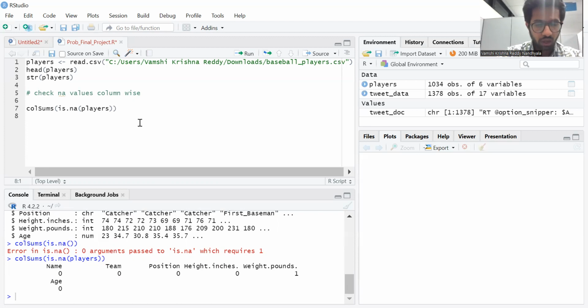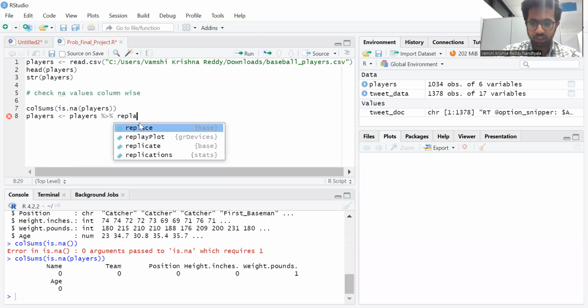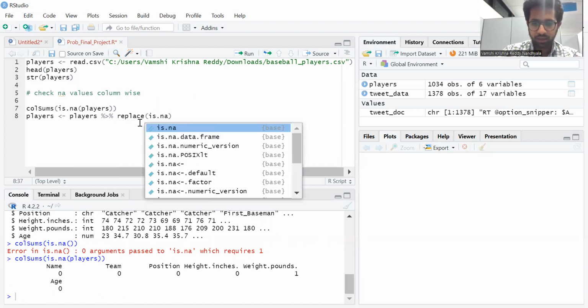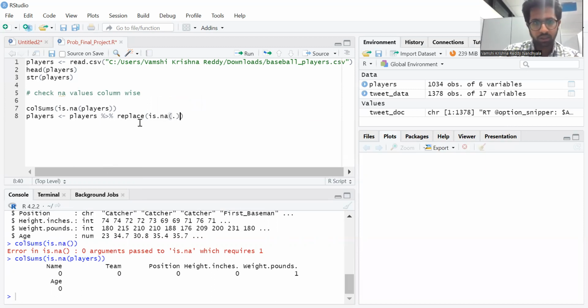So how can we do that replacement? I'm storing in a variable called players, and I'm pipelining this players data to the replace function, is.na of dot comma 0.